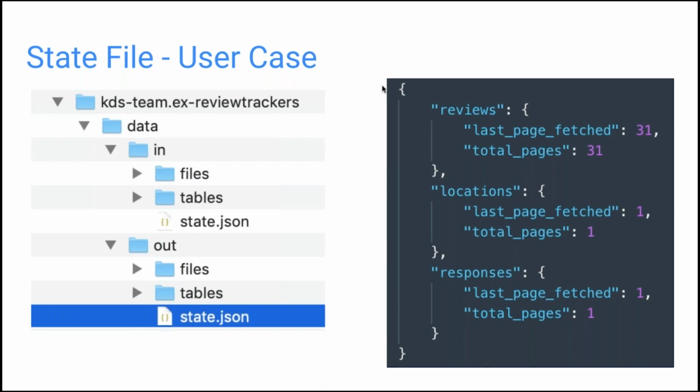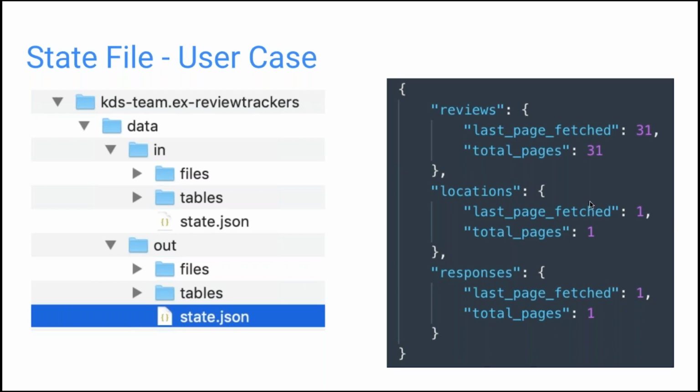But it supports query parameters like which page number you want to start downloading from, or the last page that you want to fetch. Okay, so what we did over here, we store the last page the extractor fetched the last time it ran into the state file over here. This way we can avoid the extractor requesting a full data set from the API every single time.